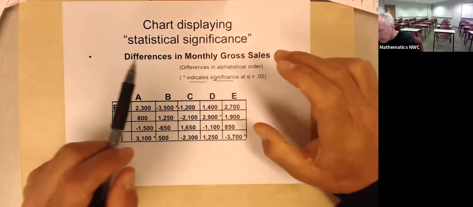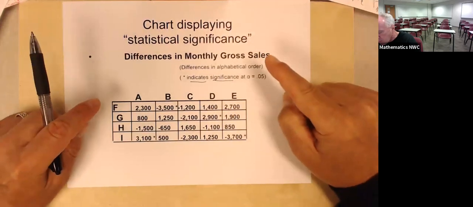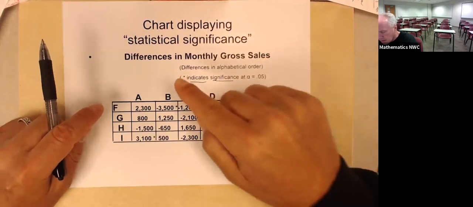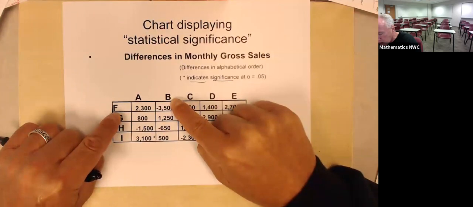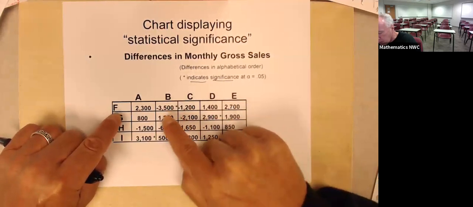What does that mean? It means this. If you had run a test between B minus F and saw if it was equal to 0 or if it was not equal to 0, two-tailed test, you would have had sufficient evidence to reject the null and conclude there was a difference.